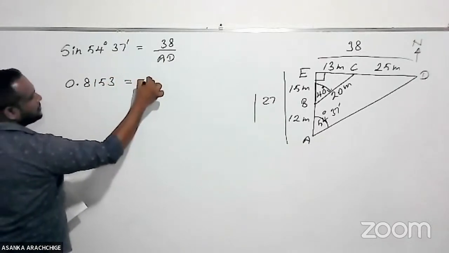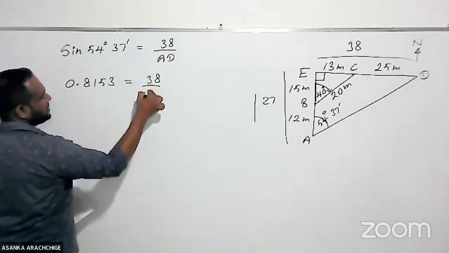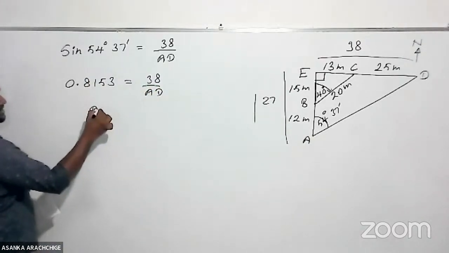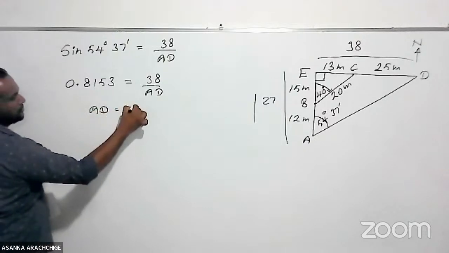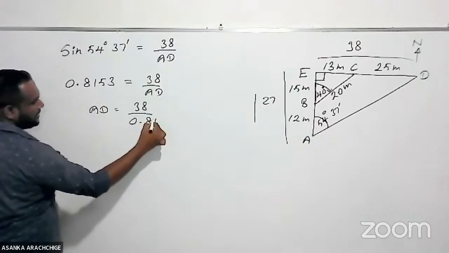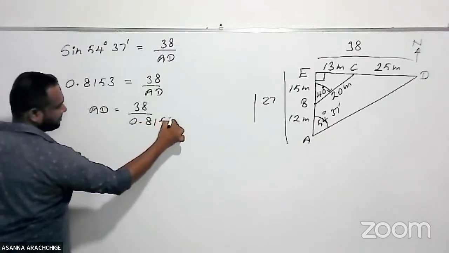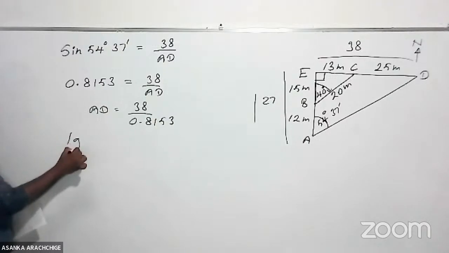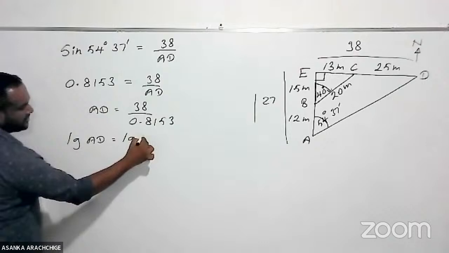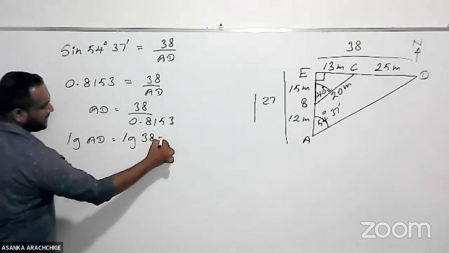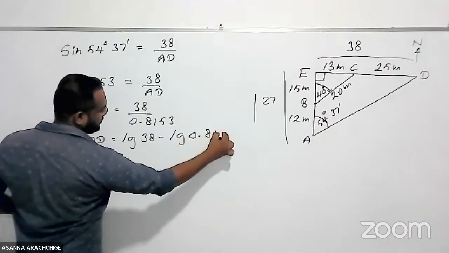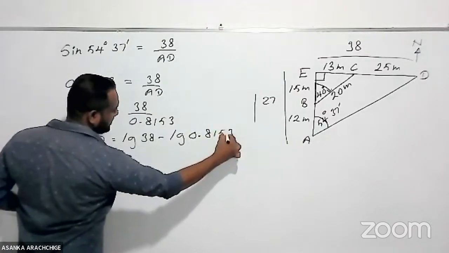That is equal to 38 upon AD. Now you can interchange. Then AD is equal to 38 upon 0.8153. Now you can take logarithms. lg AD equals lg 38 minus lg 0.8153. Is that clear?